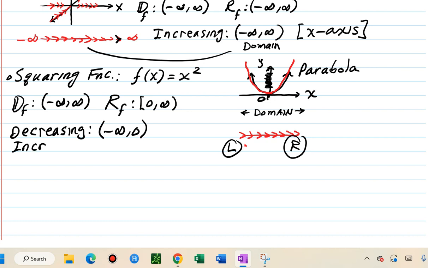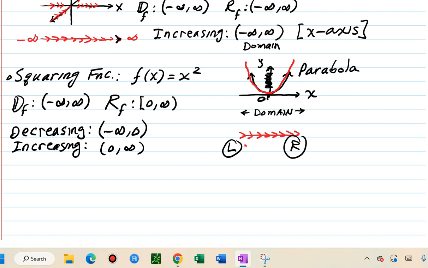Now, increasing, as I moved my red pen over here: the function is increasing from 0 to infinity. And it's never constant. And there we have it.